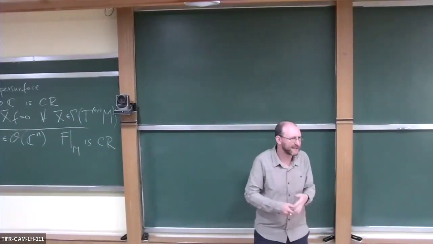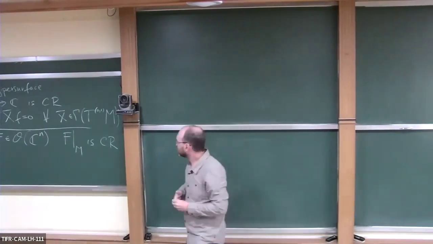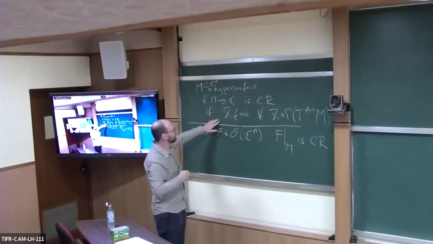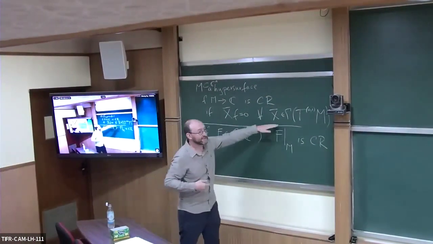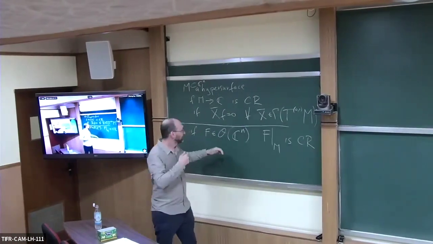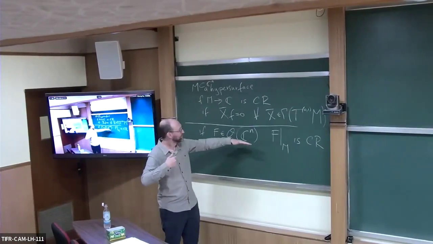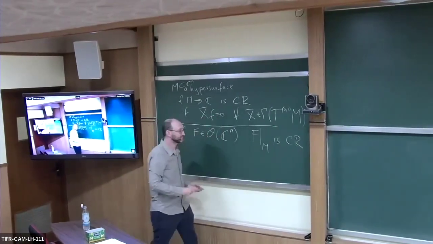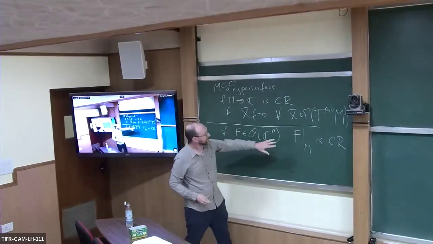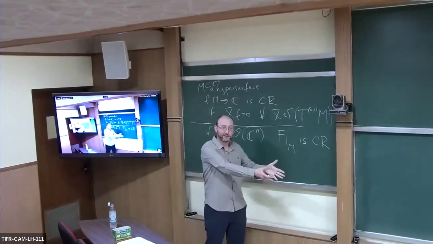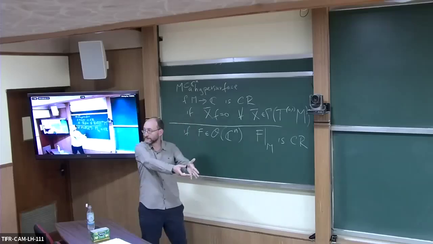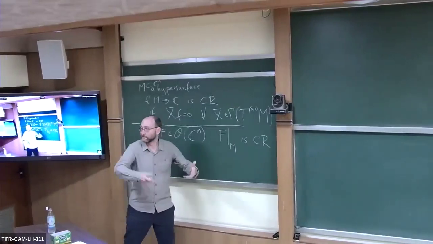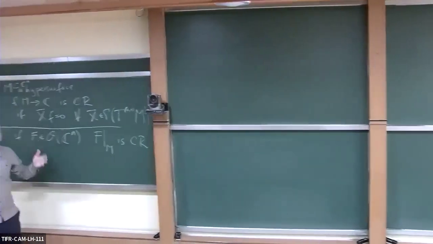Maybe not all of them, but I can then complete the basis to get all of them, and these are specifically the ones that are tangent to M, the only ones that I can differentiate with. F is killed by all the 0,1 vector fields, so in particular it's killed on M by the ones tangent to M, because it's actually killed by a lot more.